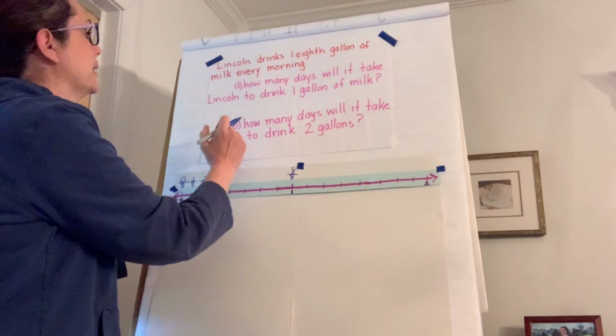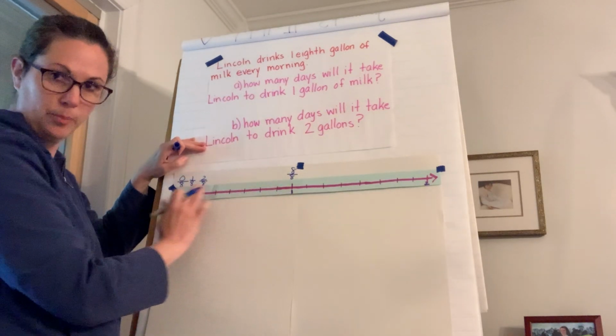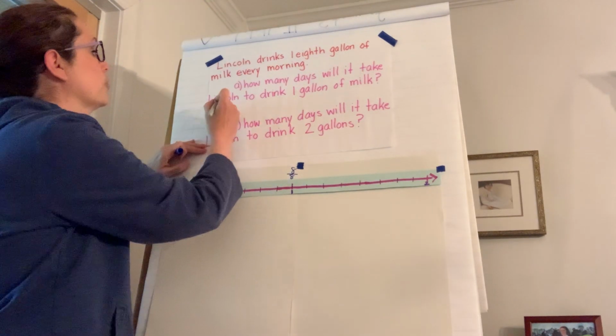So how many days will it take Lincoln to drink 1 gallon of milk? You showed it on your number line. That's what it says to do in the application problem.